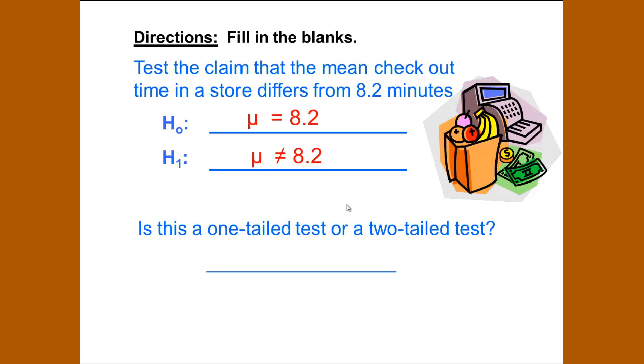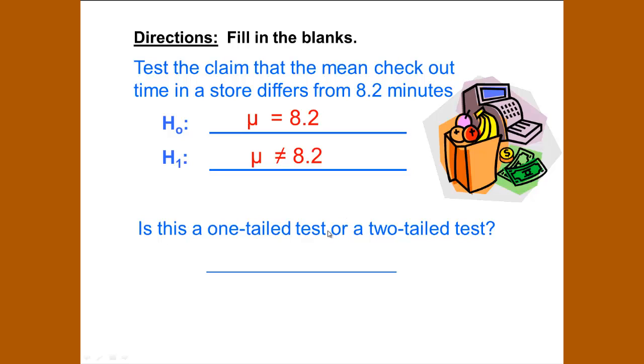Is this a one-tailed or a two-tailed test? Remember I said to look at H1 to determine whether it is a one-tailed or two-tailed. Less than would be a left-tailed test. Greater than is a right-tailed test.